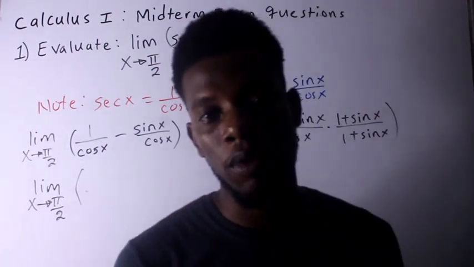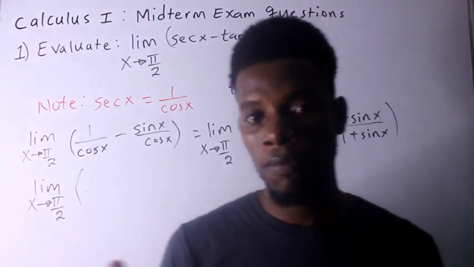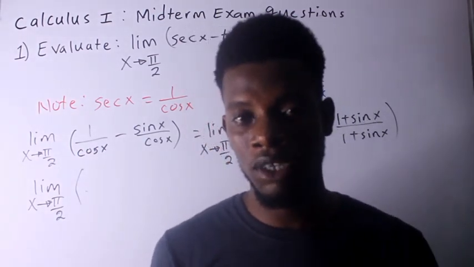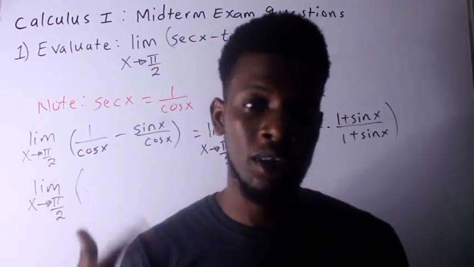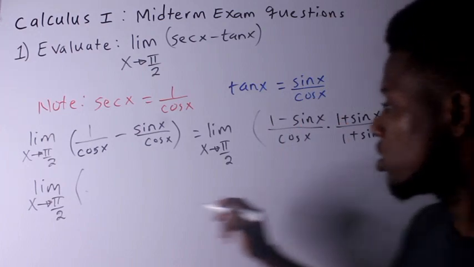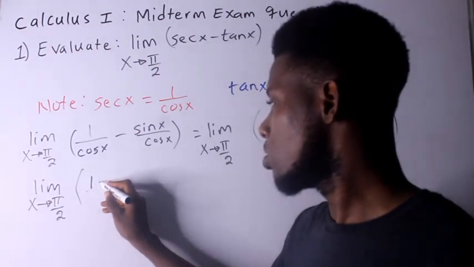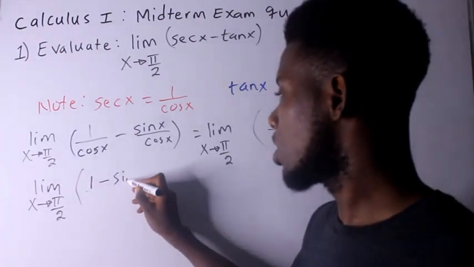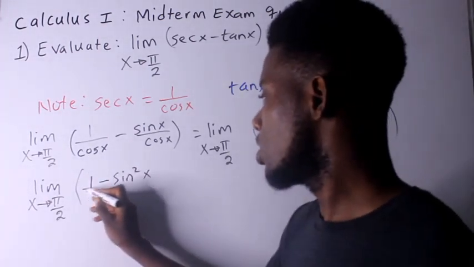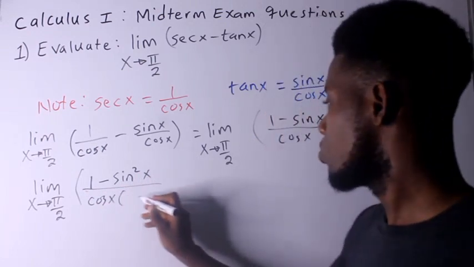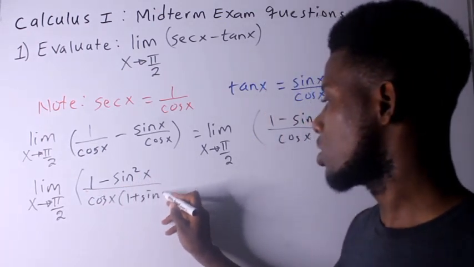This appears in the form of a plus b times a minus b. So a plus b times a minus b is a squared minus b squared. So we take the first term and multiply. We take 1 times 1, that's 1 squared, which is 1, minus sine x times sine x is sine squared x. And then in the denominator we have cos x times 1 plus sine x.